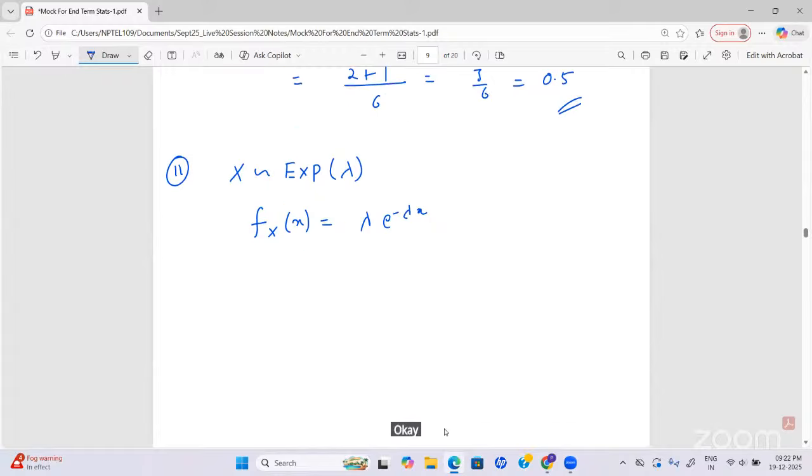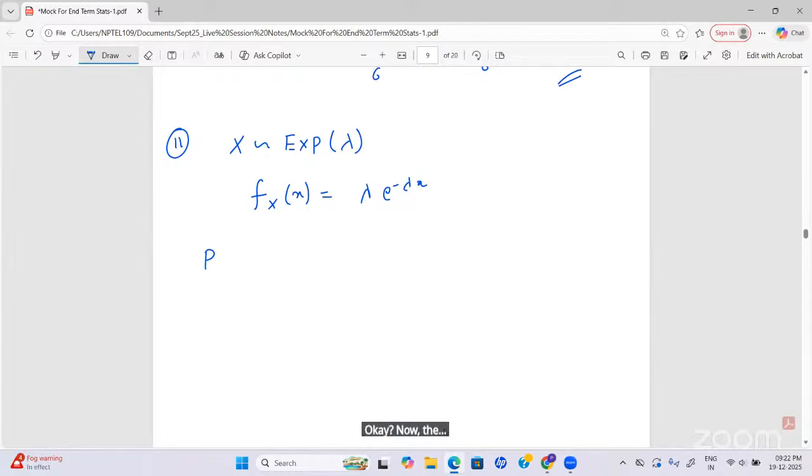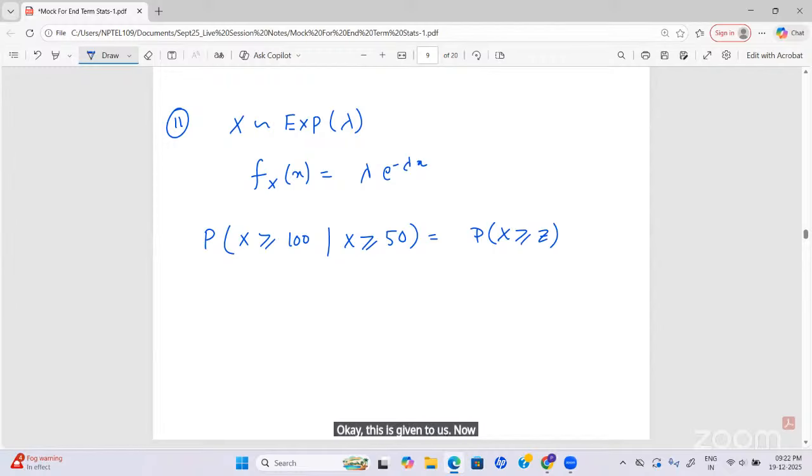Okay, now the condition was x is greater than or equal to 100, given that x is greater than or equal to 50. Okay, this is given to us. Now just use the formula and find the value of z. So first of all, it will be x greater than or equal to 100 intersection x greater than or equal to 50.